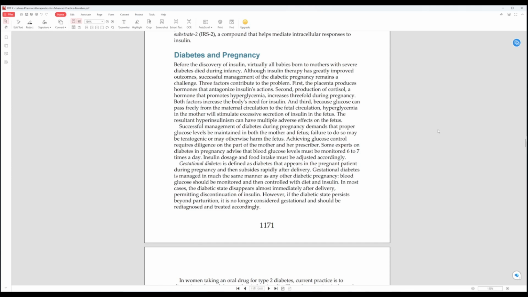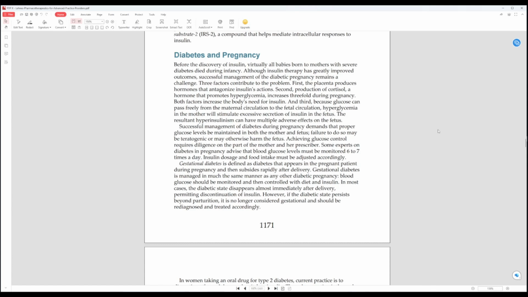The third, because glucose can pass freely from the maternal circulation to the fetal circulation, hyperglycemia in the mother will stimulate excessive secretion of insulin in the fetus. The resultant hyperinsulinism can have multiple adverse effects on the fetus. Successful management of diabetes during pregnancy demands that proper glucose levels be maintained in both the mother and the fetus.